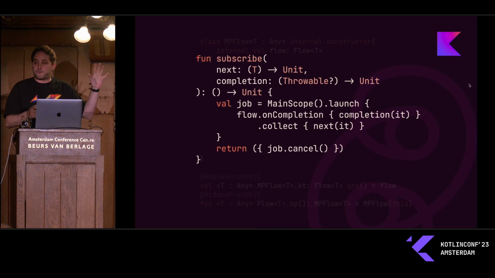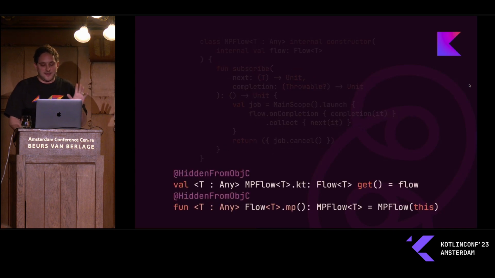As you can see, the code is pretty simple. And then we, of course, need some code that will be hidden from Objective-C and Swift to access flow and create MPFlows from a Kotlin Multiplatform perspective.